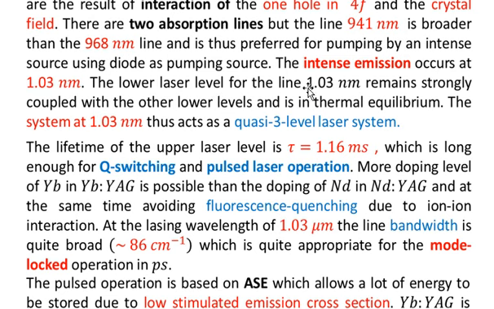The lower laser level for the line 1.03 micrometer remains strongly coupled with the other lower levels and is in thermal equilibrium. The system at 1.03 micrometer thus acts as a quasi three-level laser system.